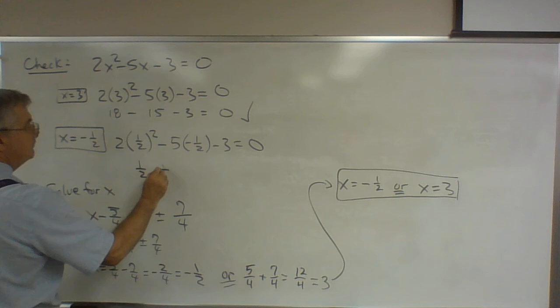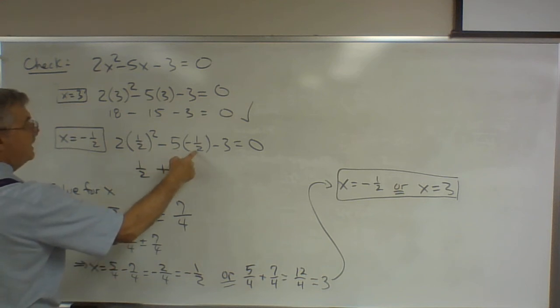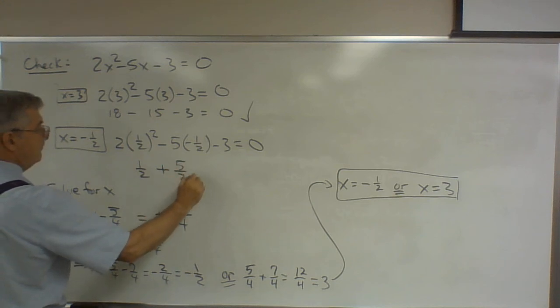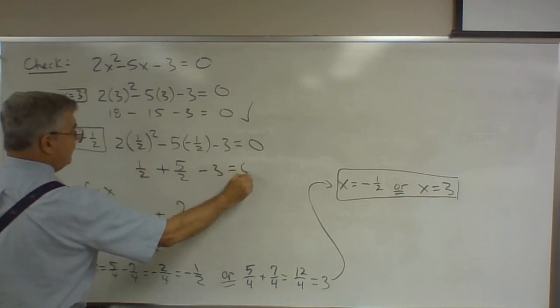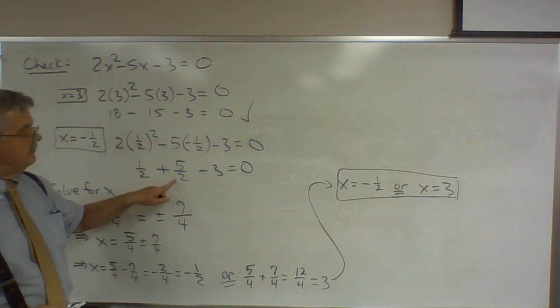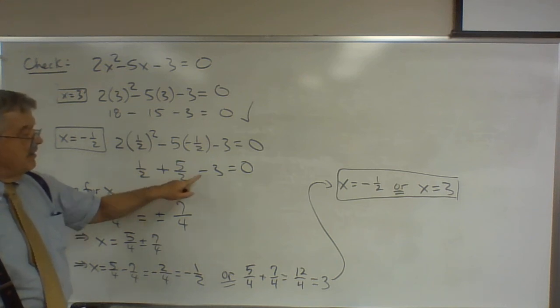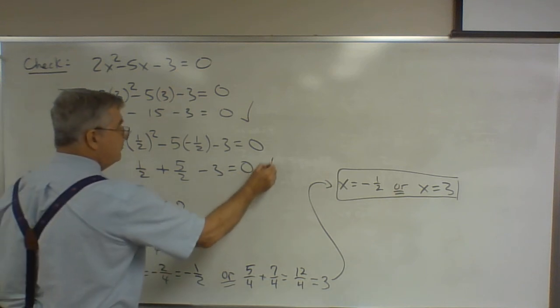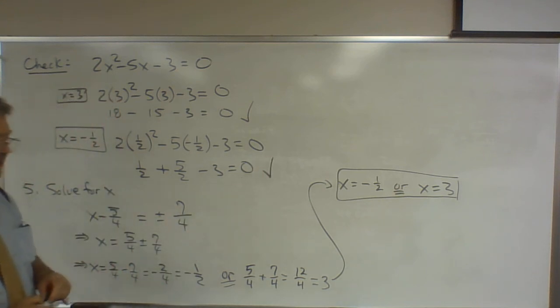Negative times negative is plus, so that's 5/2. 1/2 plus 5/2 is 6/2, which is 3. Minus 3 is 0. Okay, check, it works.